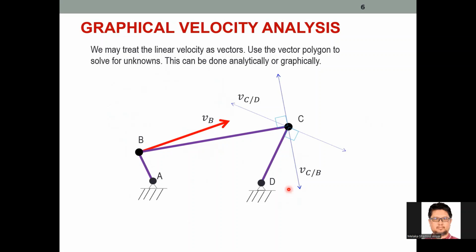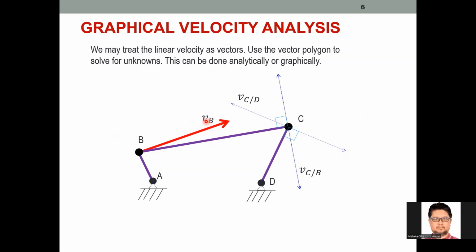So for the 4-bar mechanism, we do not have just one link rotating, but the links are joined with other links, and in this case we have two fixed pivots at A and D, and two moving pivots at B and C. So the linear speed VB we can assume to be given, that is part of the input.